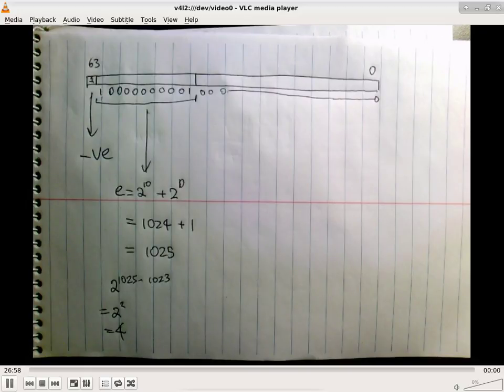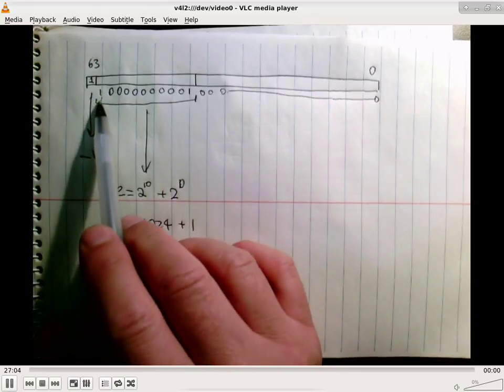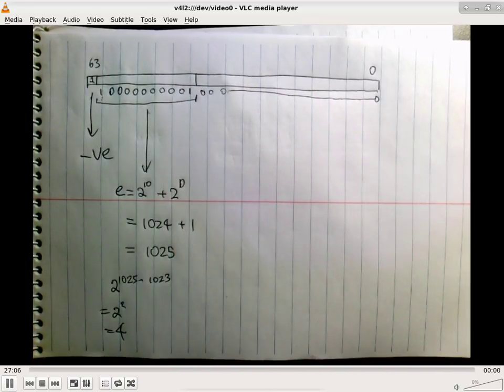Is that okay? Can you do it one more time for me? Okay, so when you look at those individual bits as one single unsigned number, the unsigned value is 2 to the power of 10 plus 2 to the power of 0, because the one corresponds to bit 0 and the other one corresponds to bit 10 of that portion of the entire 64-bit number.